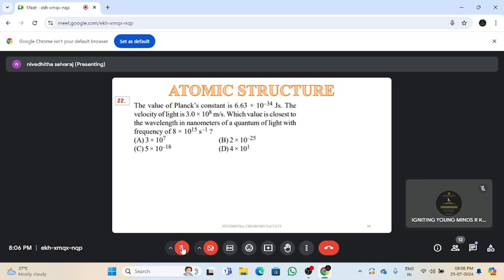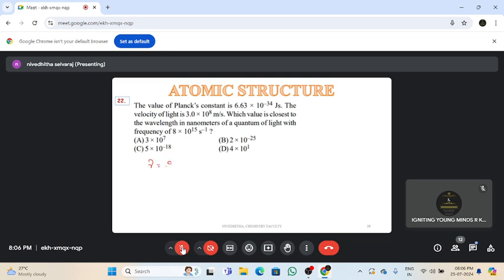So we have to know the relationship between wavelength and frequency. What is the relationship between wavelength and frequency?